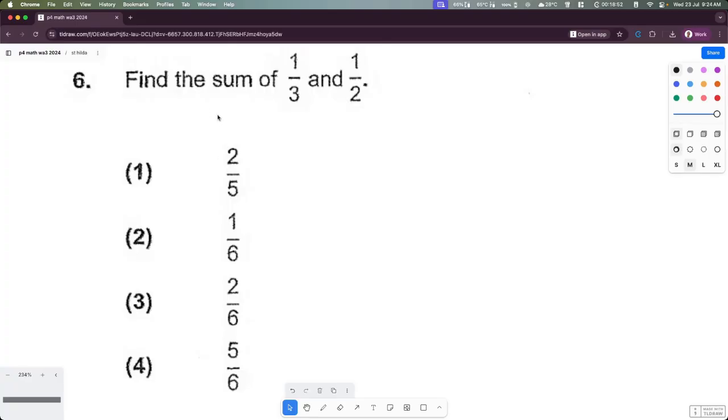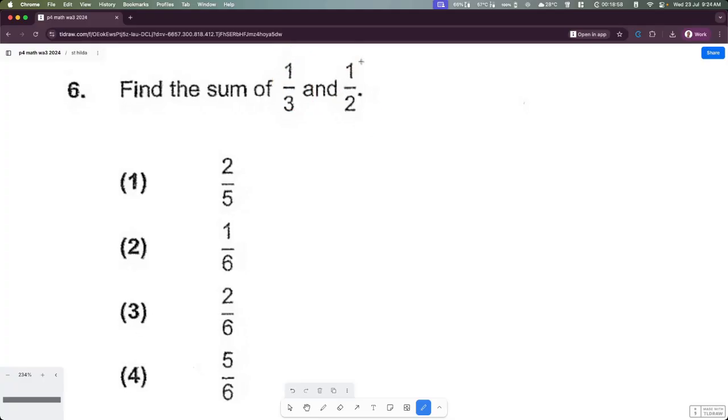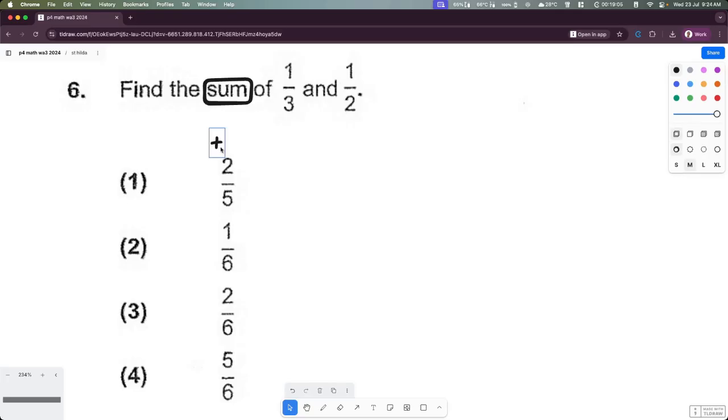Question 6, right? Find the sum of 1/3 and 1/2, 1 out of 2. So in this case, what does sum mean? Sum means plus. So you want to add 1/3 plus 1 over 2.